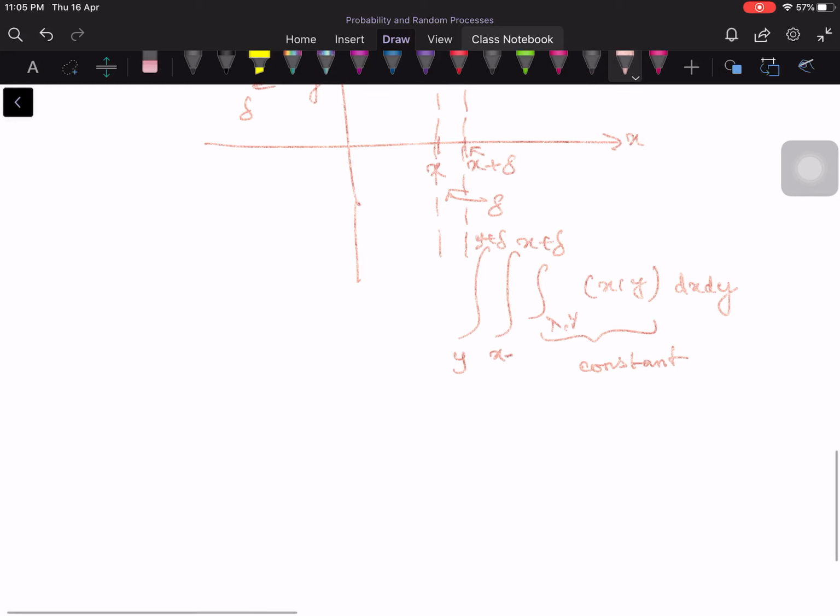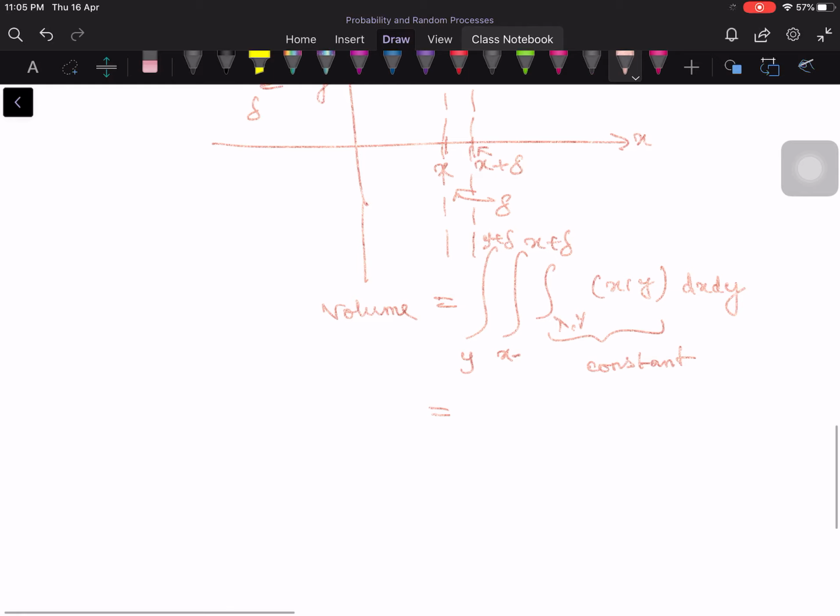So the volume is going to be, since this is a volume, the height times the area of the base. What is the height? It is f_XY of x comma y, times delta squared.